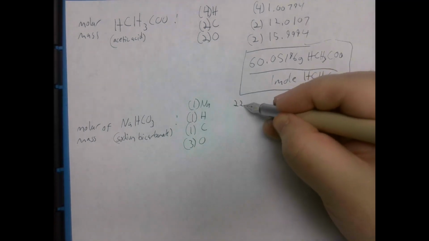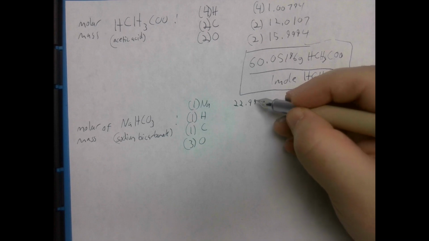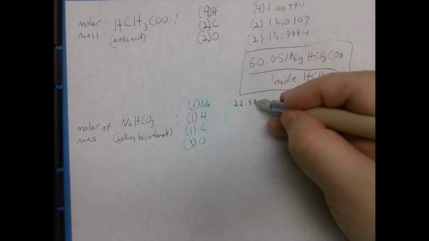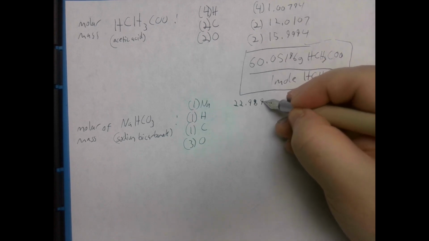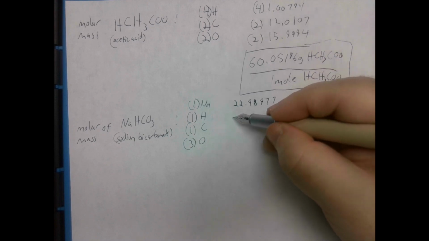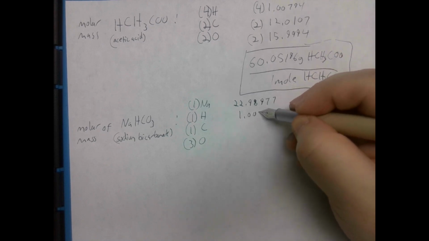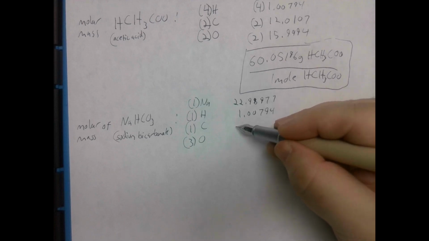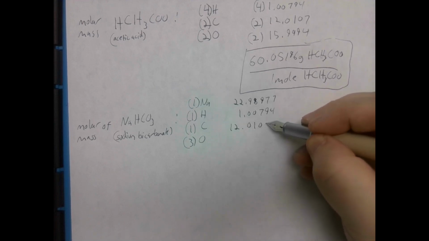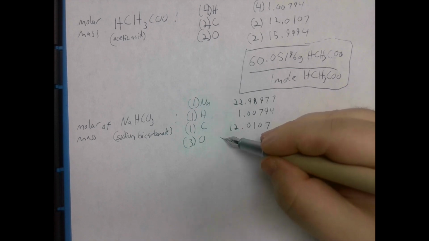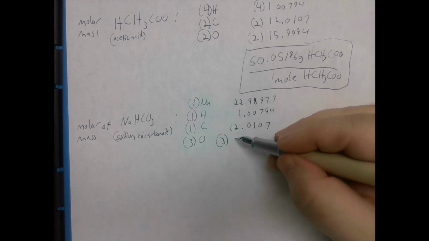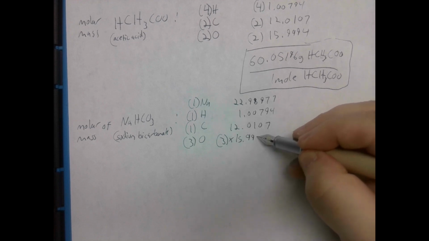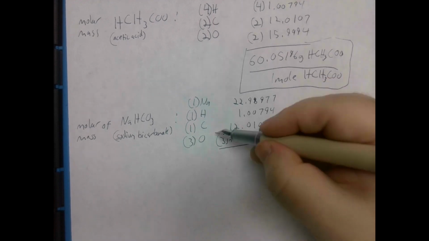So 22.98977, 1.00794, 12.0107, and then 3 times the 15.9994.